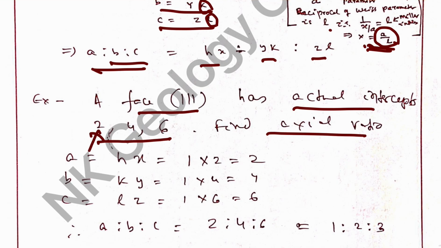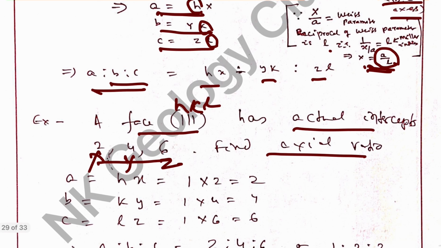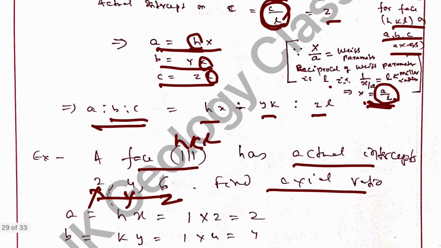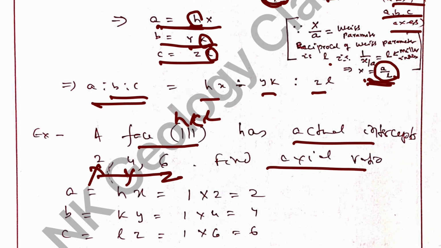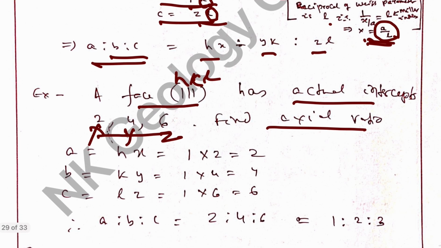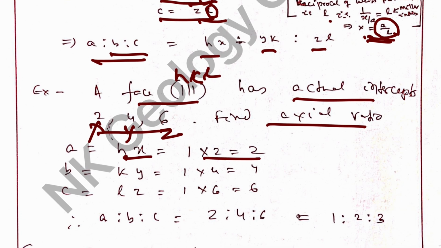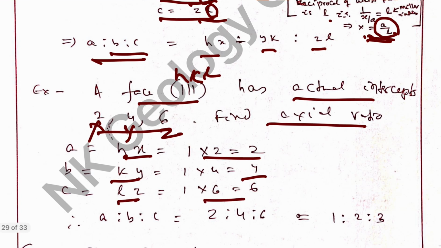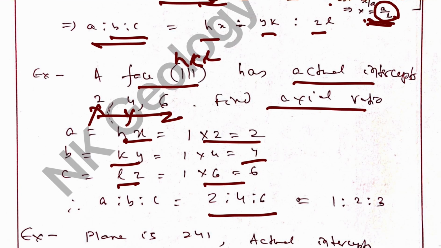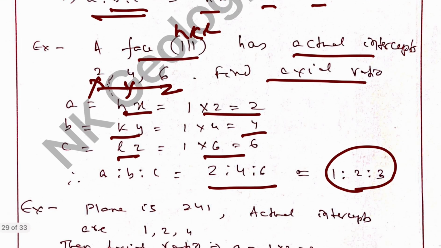This is x, this is y, this is z, this is h, this is k, this is l. hx will be a, yk will be b, zl will be c. So we got 2:4:6, or it is 1:2:3.